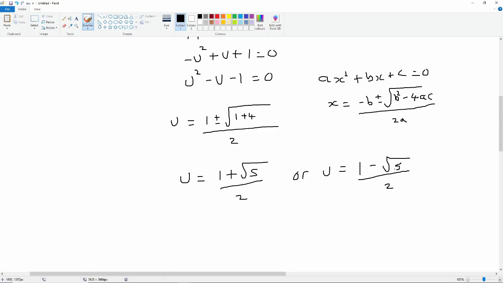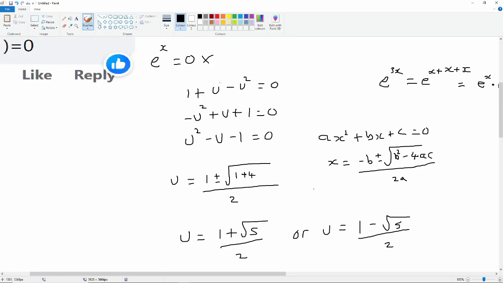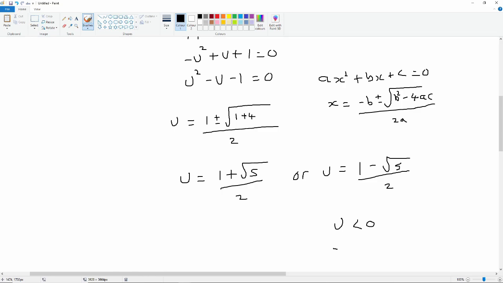Right, so the first thing is the square root of 5. Well, 2 times 2 is 4, so the square root of 4 is 2, and the square root of 5 is bigger than 2, so 1 minus the square root of 5 is negative, so in this case u is less than 0, which means u is negative. So e to the power x, remember e is just 2.7, it's just a number.